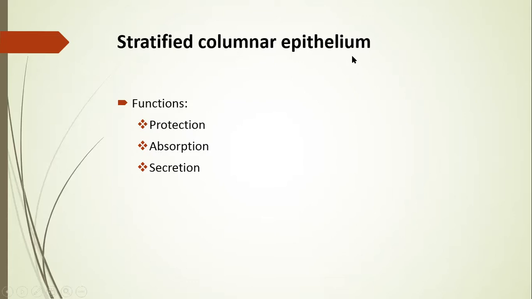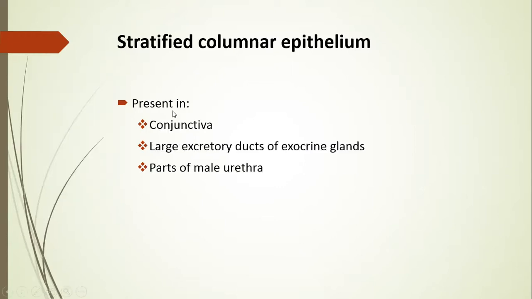The stratified columnar epithelium functions: protection, absorption, and secretion. As we see, it is present in the conjunctiva of the eyelids, large excretory ducts of exocrine glands, and some parts of the male urethra.